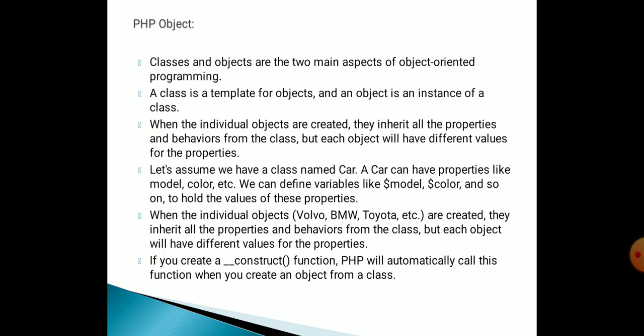When the individual objects Volvo, BMW, Toyota, etc. are created, they inherit all the properties and behaviors from the class, but each object will have different values for the properties. If you create a constructor function, PHP will automatically call this function when you create an object from a class.